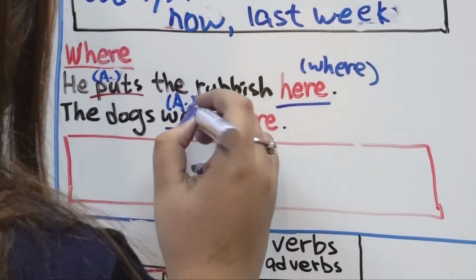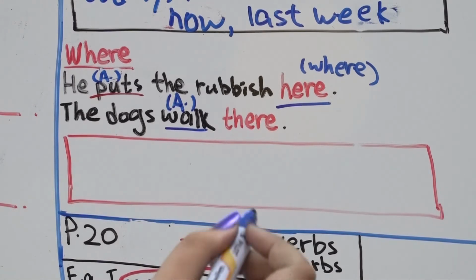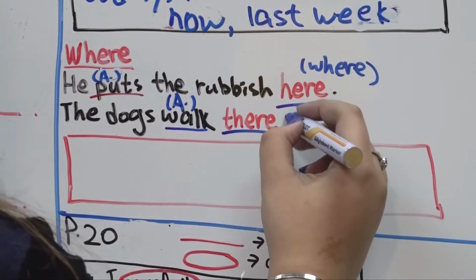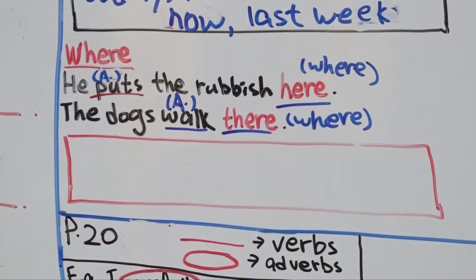Which adverb is describing this action? Where this action happens? The dogs walk there. Smart. This is the adverb because it tells us where this action happens, right? Good.